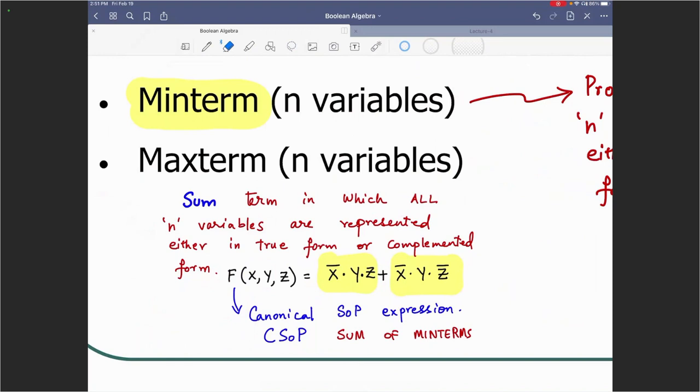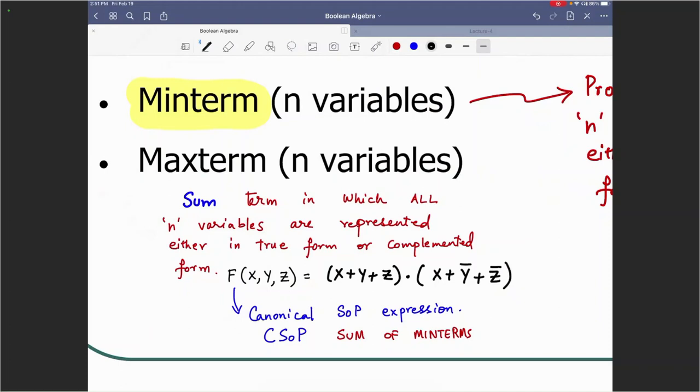Next, for the example, I'm going to have the function have max terms in it, right? So for example, I can have a max term here as x or y or z, and I can AND it with x or y complement or z complement.